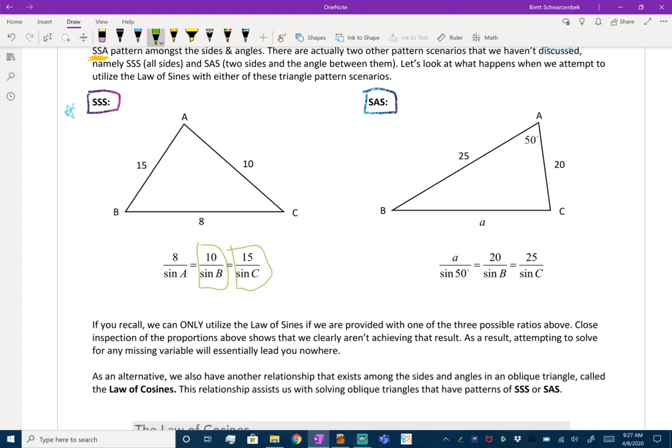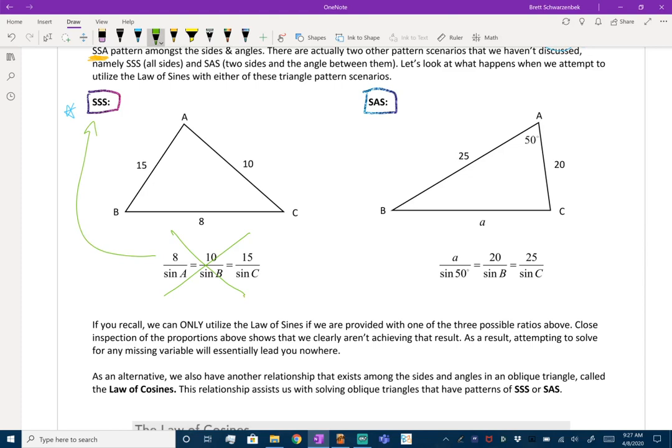No matter any two that we take, there will be two missing variables. So that's a problem because that means algebra is out the window. We can't solve one equation with two missing variables. That's not possible. So what does that mean? That means you cannot use the law of sines whenever you have a side, side, side pattern. So we're going to need an alternative.